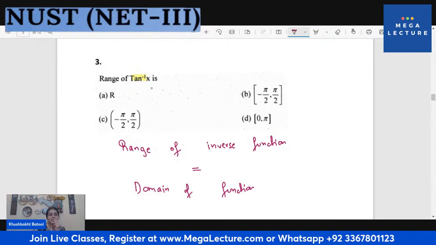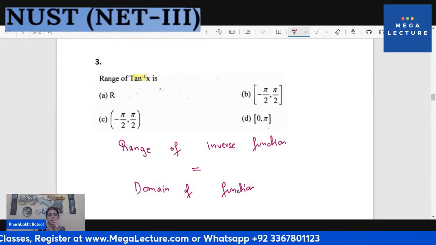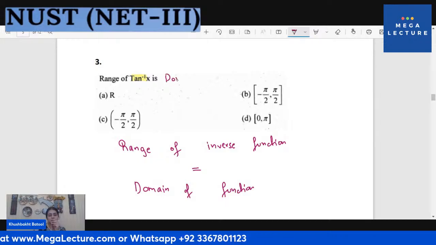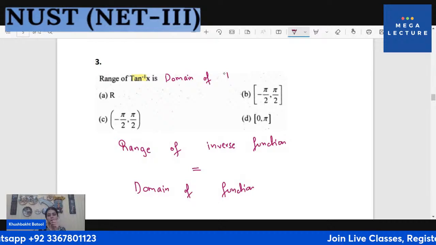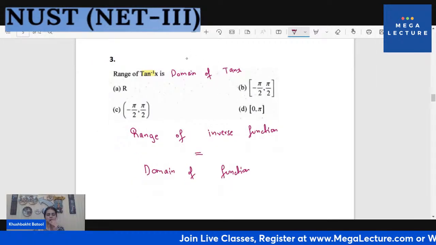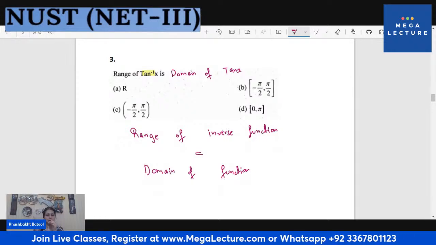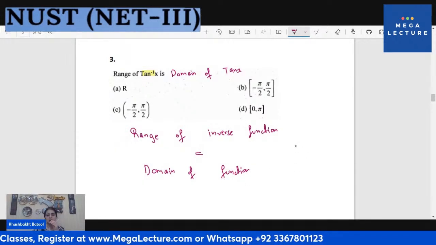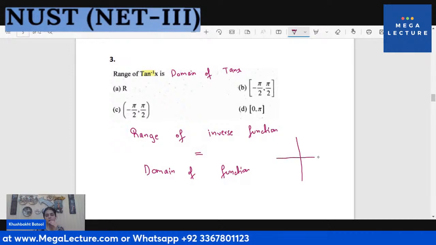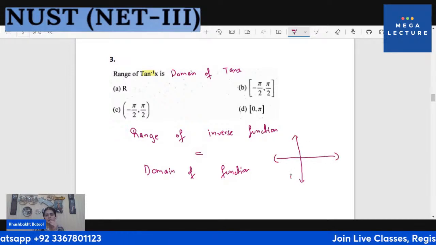Now, it is the range of tan inverse. The range of tan inverse is the domain of tan of x. Now I do remember, and all of you would be clear with this, when we talk about the domain of tan of x, we can think about it through the graph, because you'll have to memorize these graphs obviously.